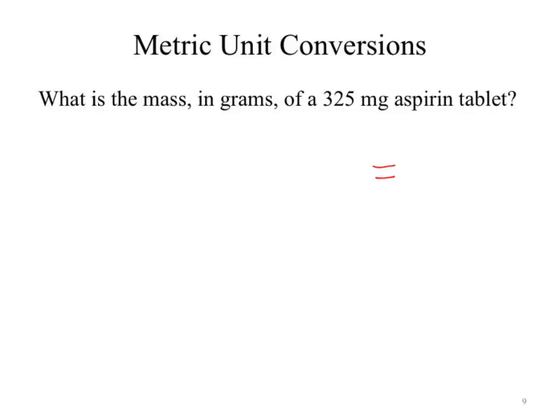In grams. Our units need to be in grams. Are we given any information to start with? Okay, we know that we started with 325 milligrams. That magic section in between has to somehow convert those milligrams into grams.